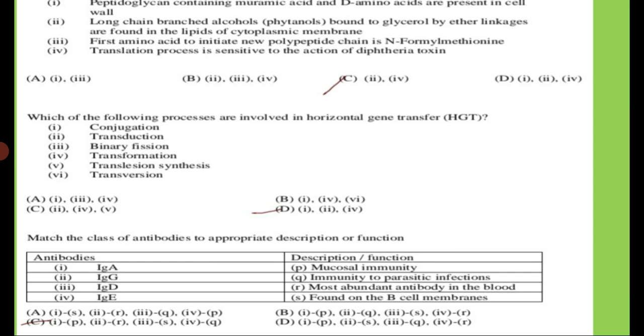Then IgG: the IgG is the most abundant antibody in the blood. IgD is found on the B cell membrane. IgE gives immunity to parasitic infection. Such a combination is in option C.